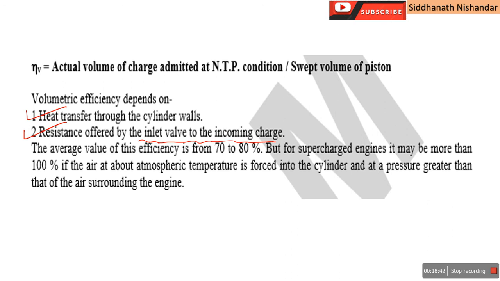Like that, there is heat transfer to the cylinder walls. There is continuous combustion, so the inlet manifold is continuously hot, so the air flowing over that manifold increases in volume. So we can't get that amount of volume every time, because of the resistance offered by the inlet valve to the incoming charge and heat transfer to the cylinder walls.